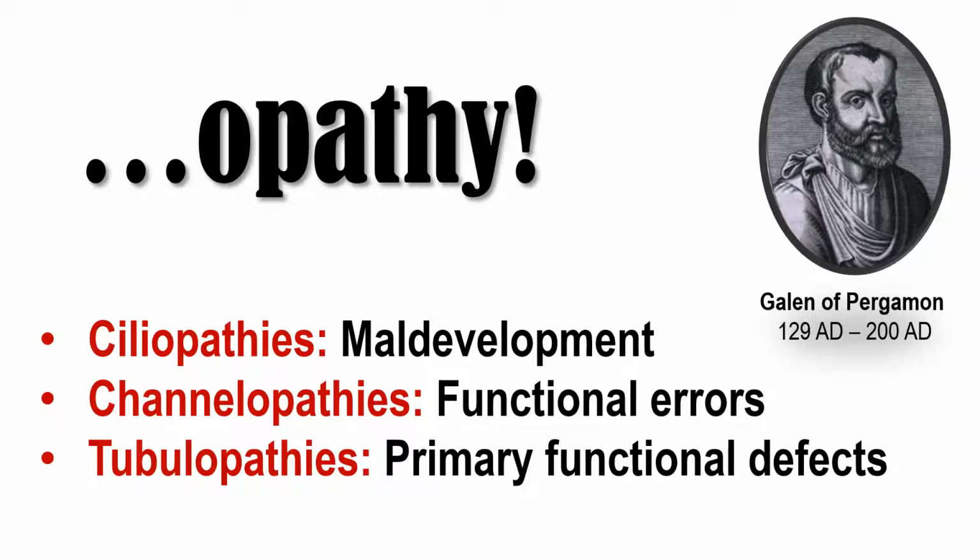Ciliopathy is found in the literature, and it is simply responsible for maldevelopment of the organs, while channelopathy is also recently introduced and is a very complicated subject about ion dysfunction or point functional error, especially in the renal tubules. And when we say tubulopathy, we are talking about primary dysfunction, as I mentioned.